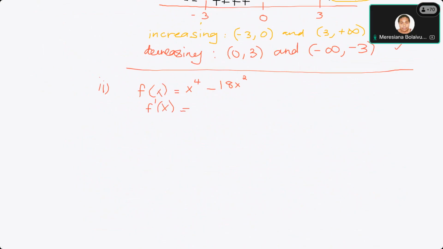F dash of x, we found, is 4x cubed minus 36x. Now to move on to the concavity, you have to differentiate this again. So f double dash of x is equal to 12x squared minus 36. Any questions here? The first step.